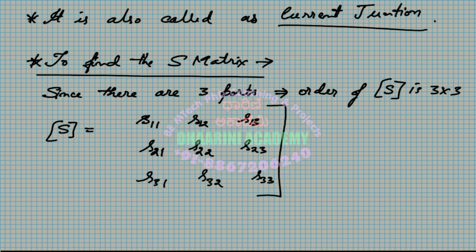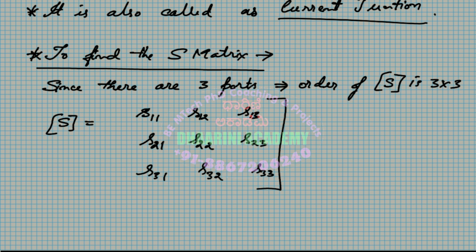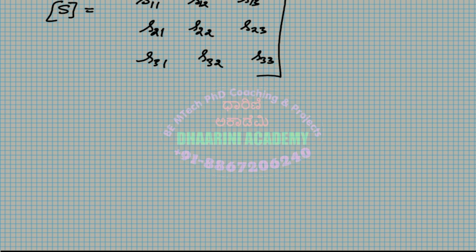We need to find 9 different terms and fill them in, so we'll go step by step. Almost every T junction we consider, we will be following a similar procedure in order to find its S parameters. So let's start step by step. We need to find various Sij values.